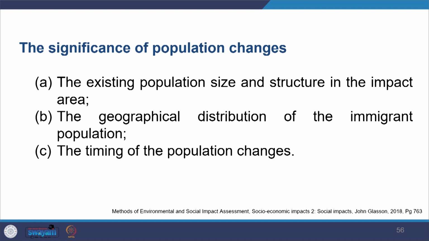Looking at three main factors: the existing population size and structure in the impact area, whether it's small or big enough to absorb the new population; the geographical distribution of the in-migrant population, how they are distributed in that particular location; and the timing of the population change, when it happens, and how vulnerable or susceptible the population is to the changes.